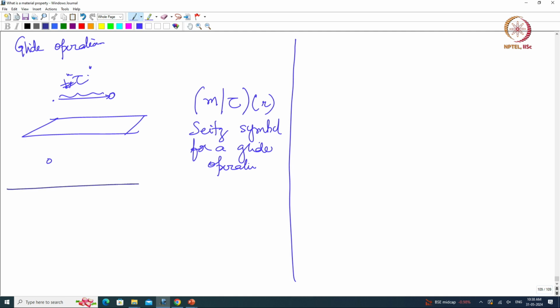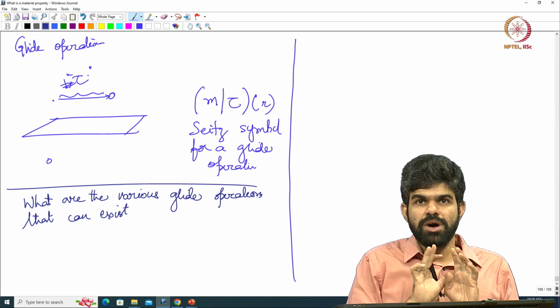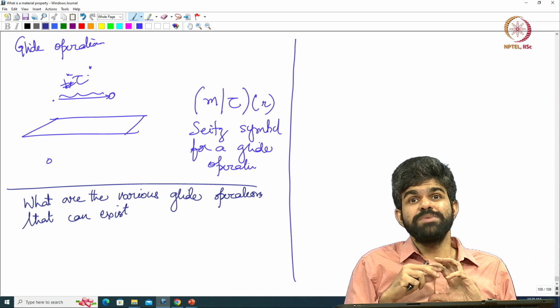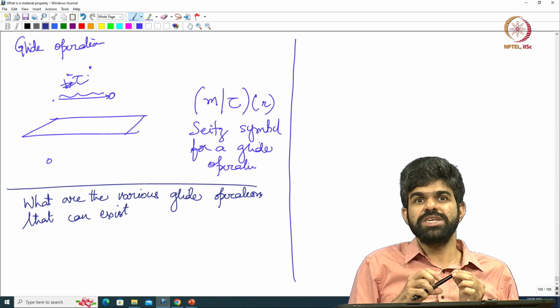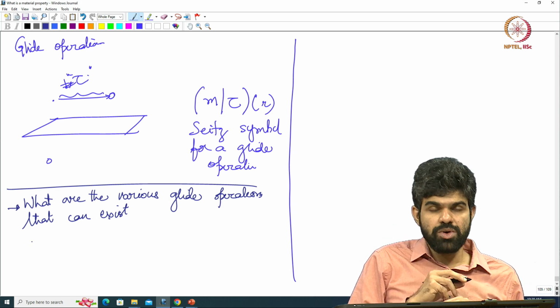So, I am not going to impose so many conditions on glide, except that I am going to tell you now what are the various glide operations that can exist, that is, that are groups. First of all, if I have this glide operation, I should not affect the mathematical property of a group. It should be compatible with the translational symmetry of the crystal, so on and so forth, right. So all these constraints would tell me that there are only a few glide operations.